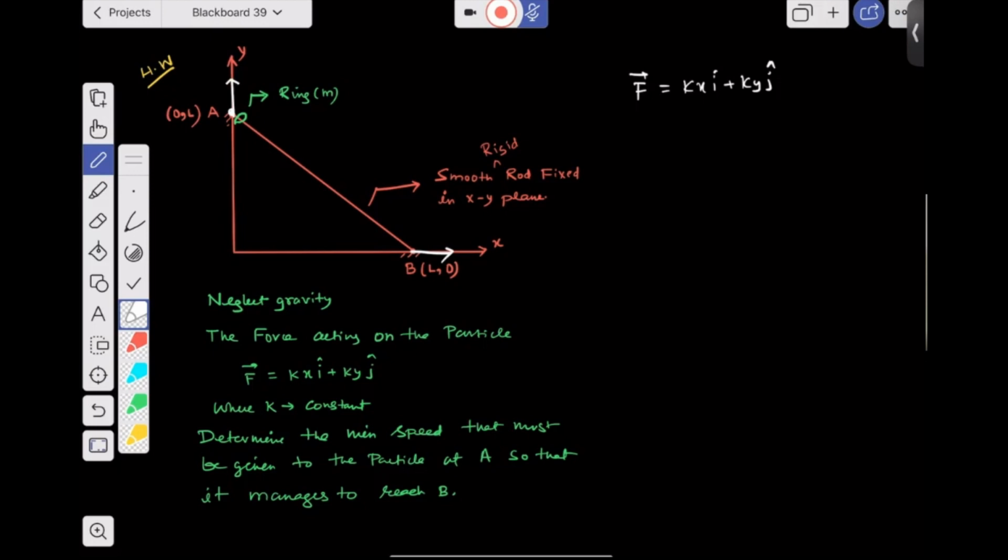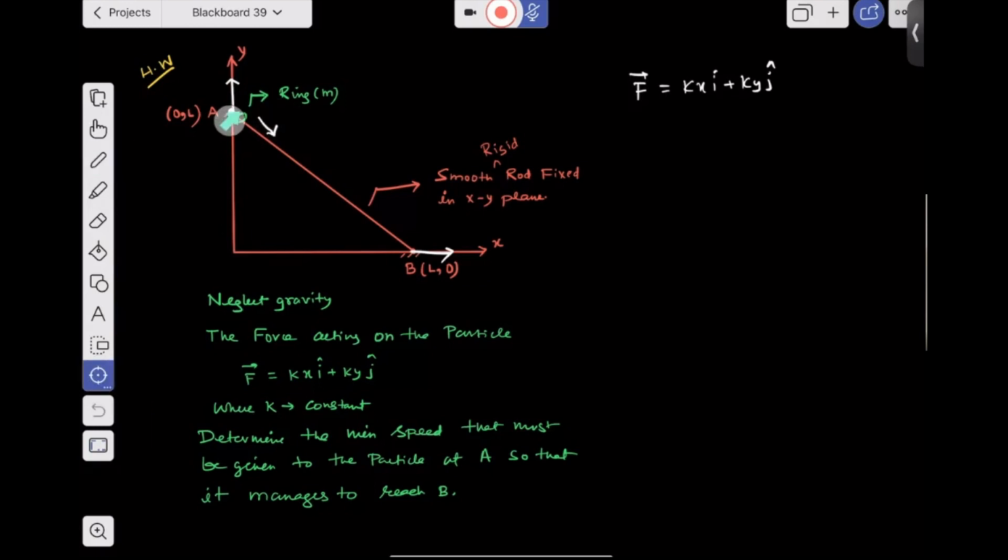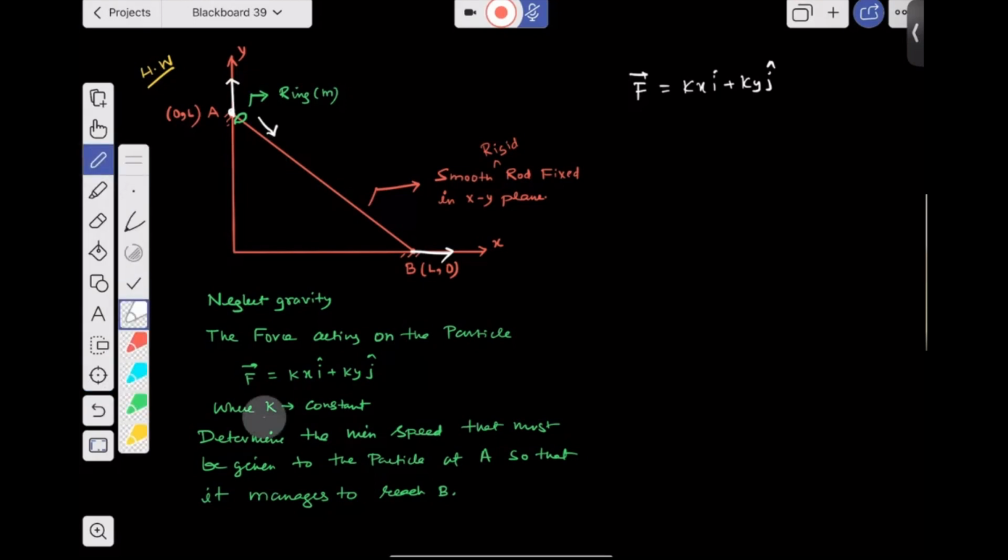Now, if I move from A to B, at A I don't have any x coordinate, but as I move away from A towards B, the x coordinate comes into the picture, and as I move further, the x coordinate will increase. At point A the force is vertically upward. Afterwards, it will be inclined in this manner, at some point making some angle theta.